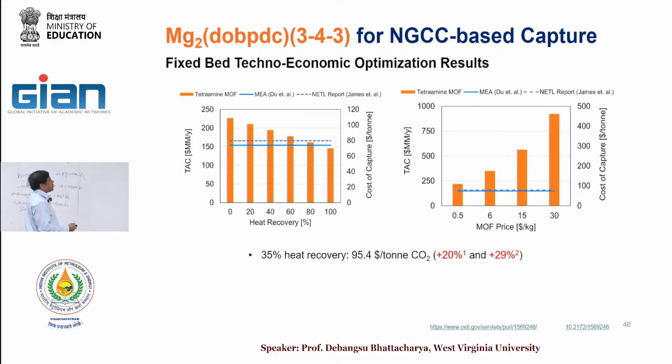Again, we did this cost analysis for different regeneration processes and all of that. Here we also looked into the MOF prices for each one of them. Again, it shows that if you only consider half a year of lifespan, in that case you cannot beat those MEA baseline studies.